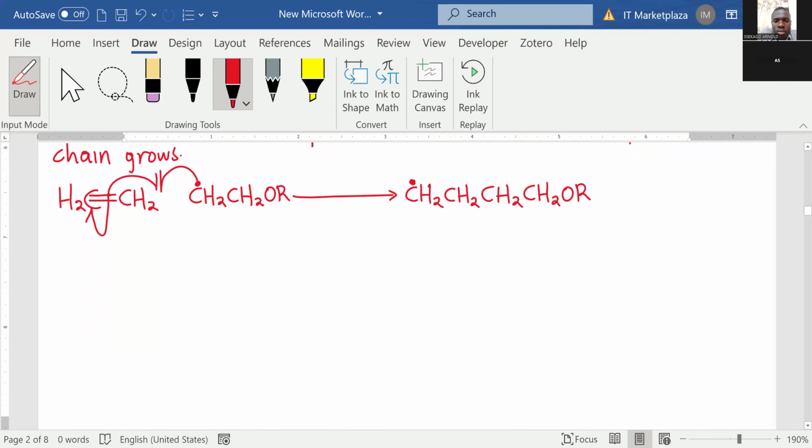So, I have said also that one continues to combine with a new one that is CH2, combining with the one that has just been synthesized, CH2, CH2, CH2, CH2, OR with a dot.